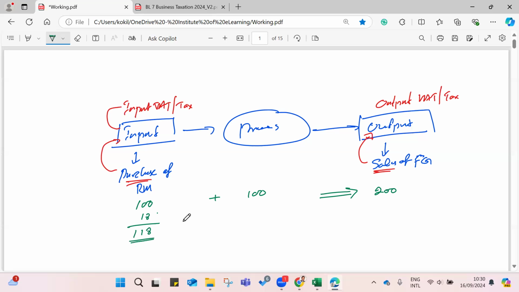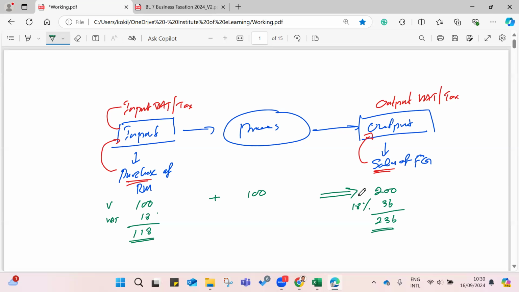Then you make sales at the VAT rate of 18%: 200 into 18% is 36, so 236 is your total consideration. This is the value of supply you purchased, the input VAT paid and the total consideration, and this is your sales amount.